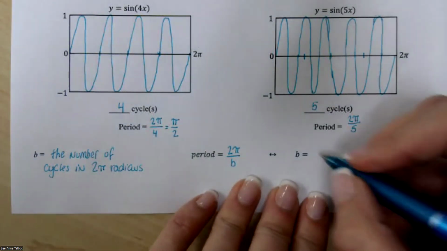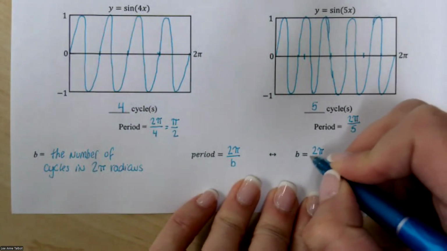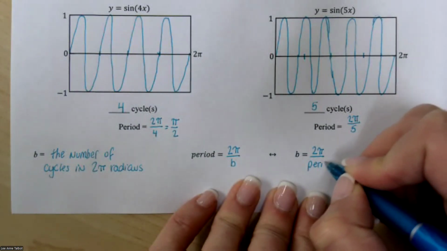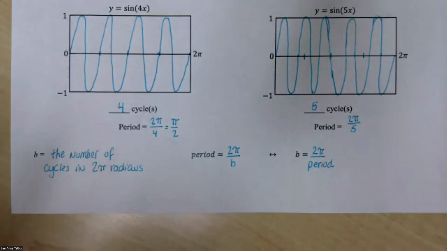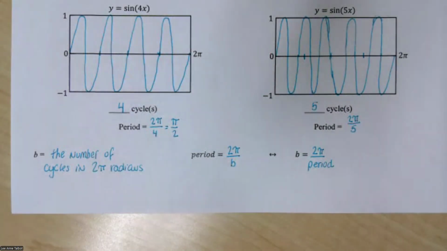And B is 2 pi divided by the period, because of cross multiplication. Okay, so take this, go back to your notebook.